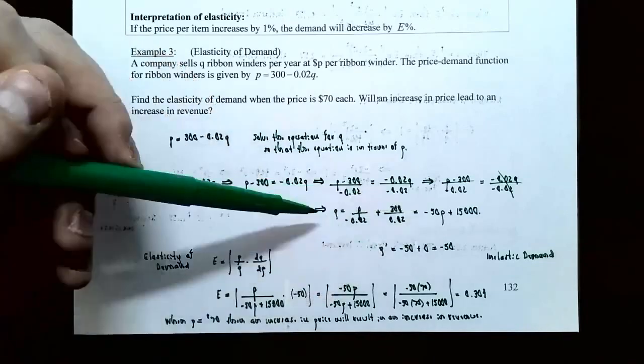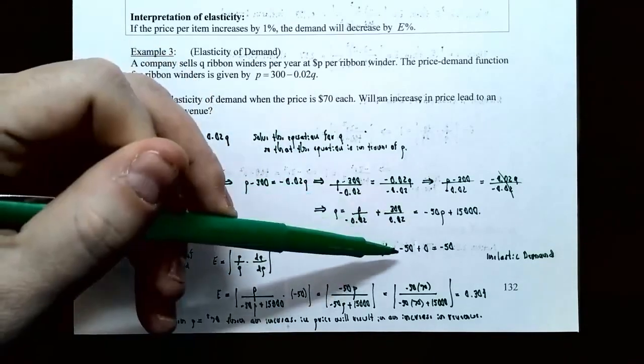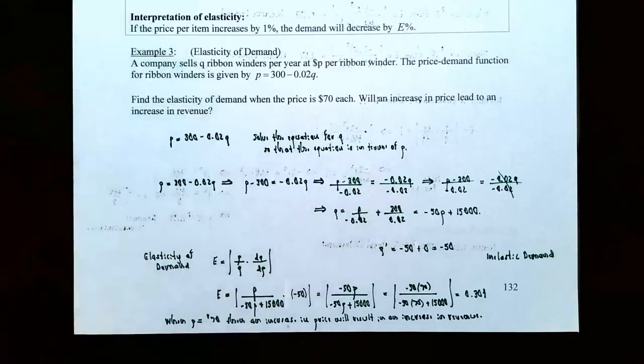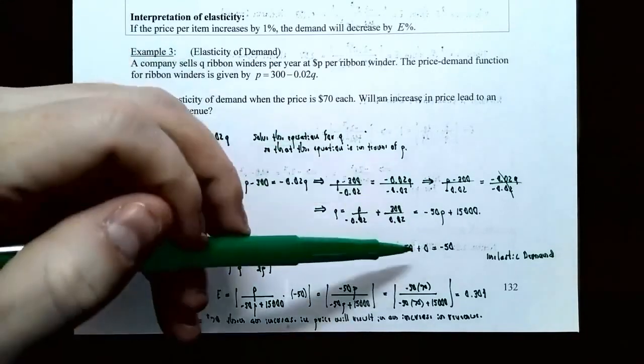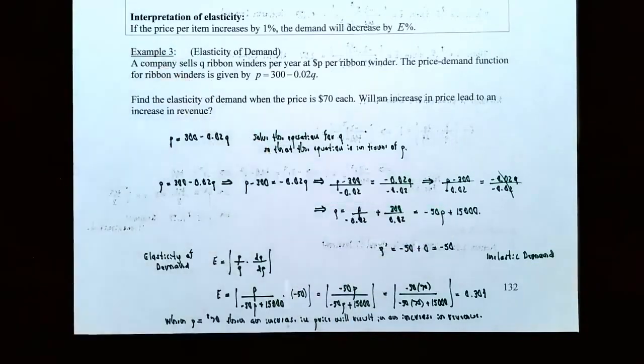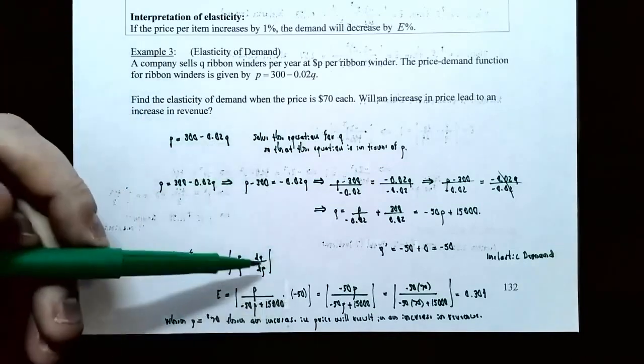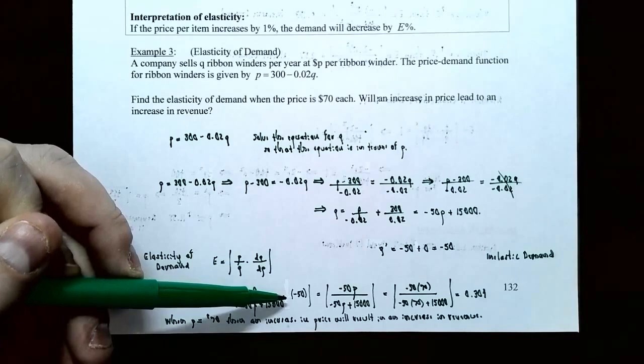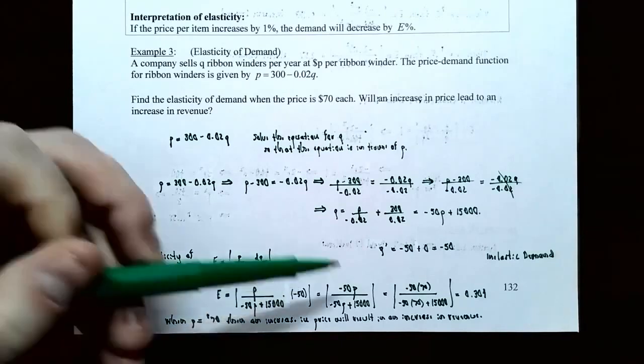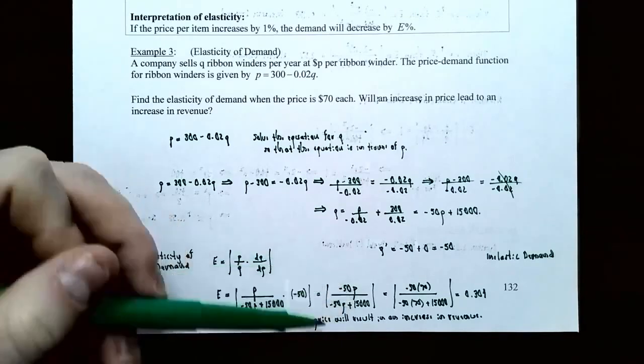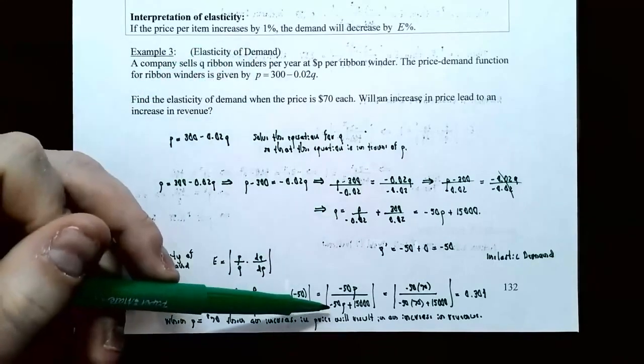So Q prime is equal to, what's the derivative of negative 50P? P is just a variable, it's not a function, so the derivative is negative 50, and the derivative of 15,000 is 0. So Q prime is negative 50. So you can replace dQ/dP with negative 50, and so now P times negative 50 is negative 50 times P, all inside absolute value, and the denominator stays the same.